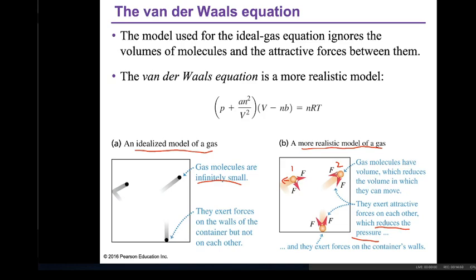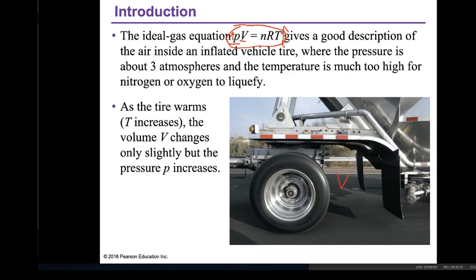And the forces between those molecules is van der Waals force. And the van der Waals equation is shown here, which describes the relationships between V, T, and P. So that's more complicated than the ideal gas equation.